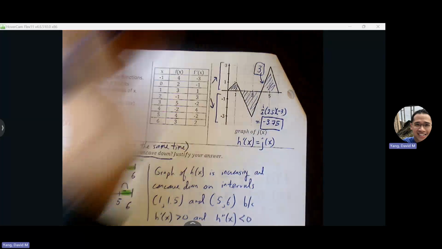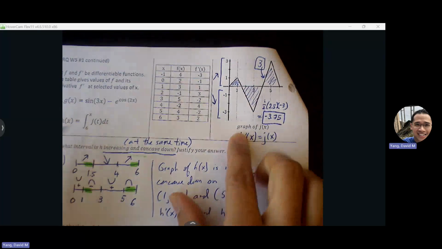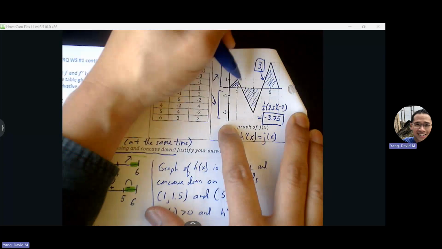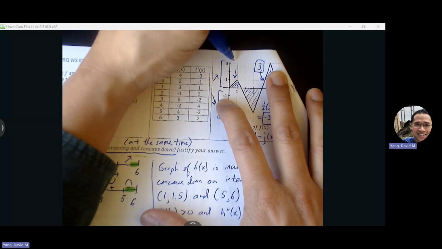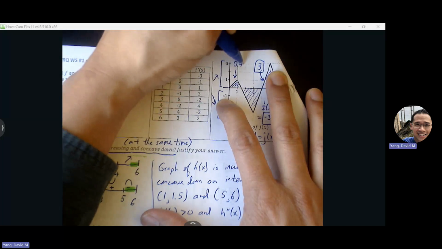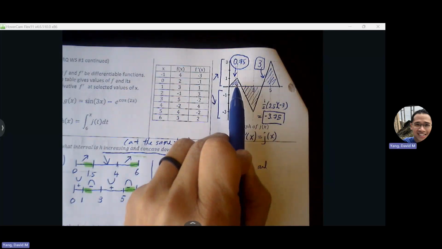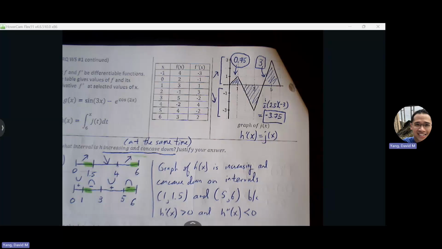Okay, and you will get to use your calculators on all the quizzes. Right. 1/2 base times height here, so 1/2 times 1.5 times 1 gives me 0.75. So this small triangle is 0.75, this is -3.75, and this is +3.